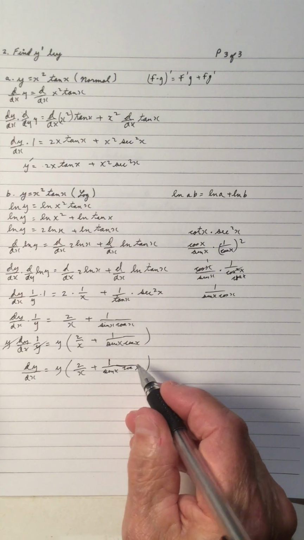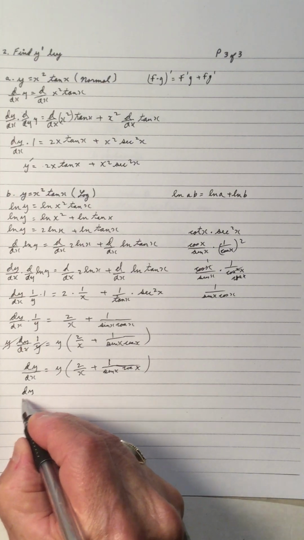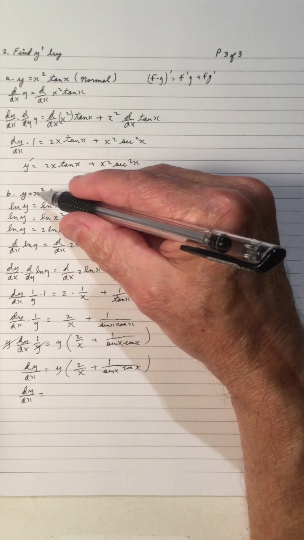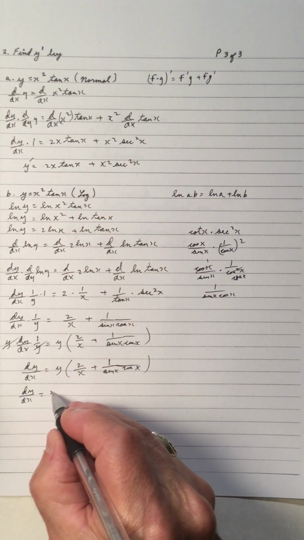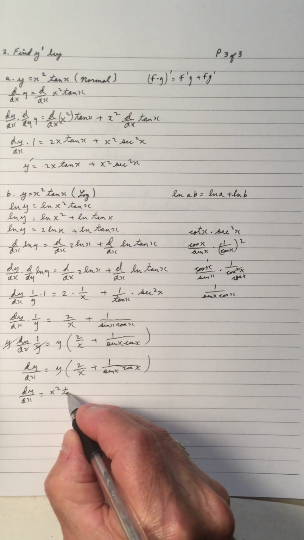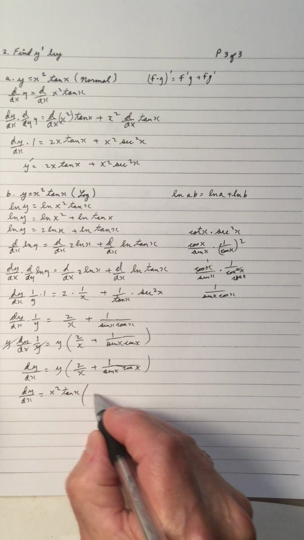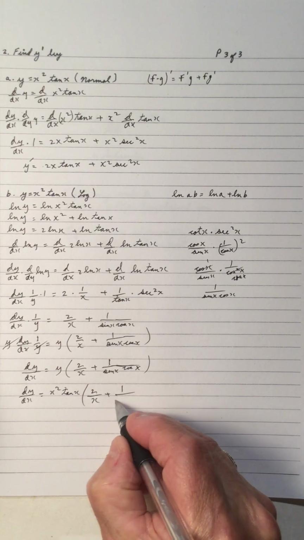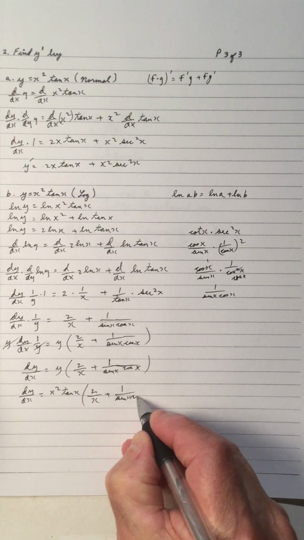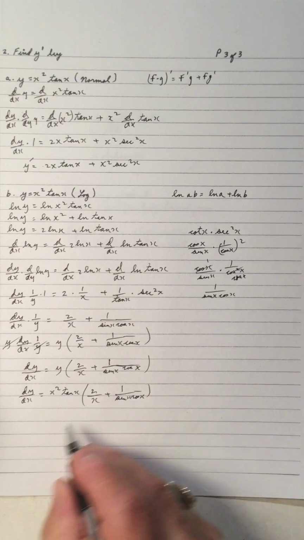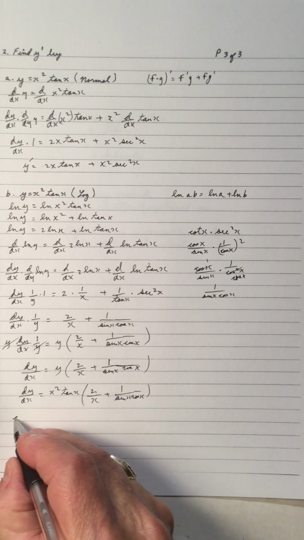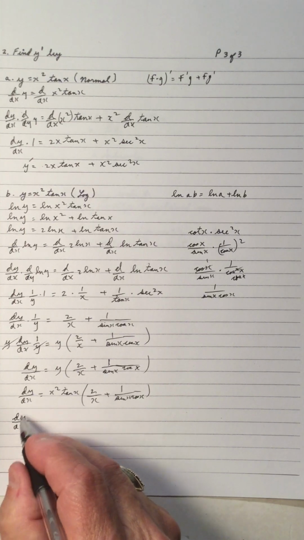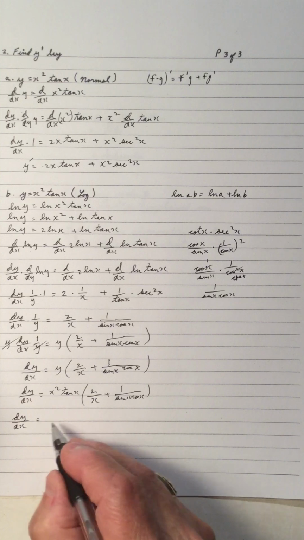Okay. Now, dy dx, and another name for y, when you look up here, y is x squared tan x. So when we do that, we go y prime, dy dx equals.